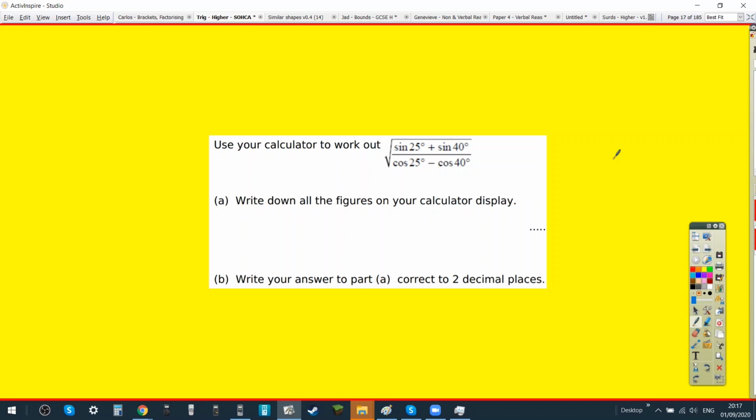Wait, do you need to close the brackets for the bottom one as well? Yep.